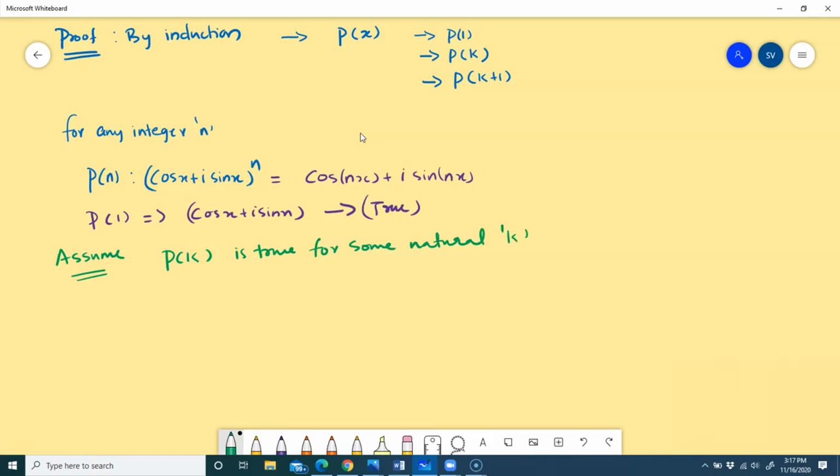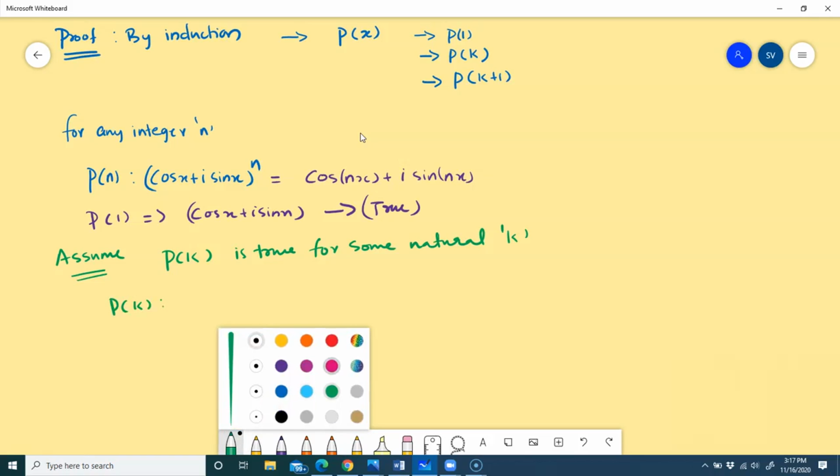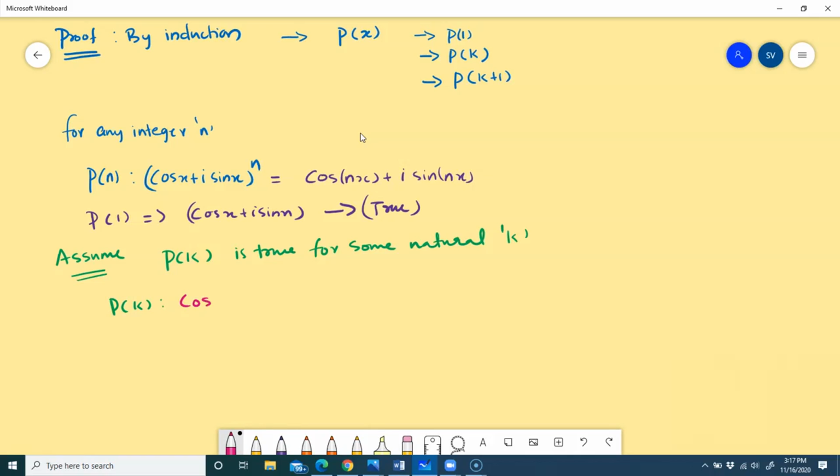So if P of k is true, what will be the statement? We are assuming P of k is (cos x plus i sin x) to the power k equals cos kx plus i sin kx. So this is P of k.